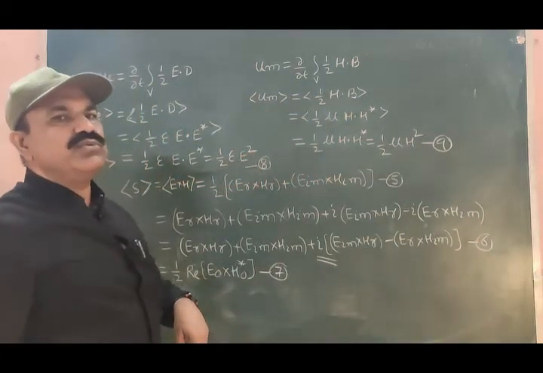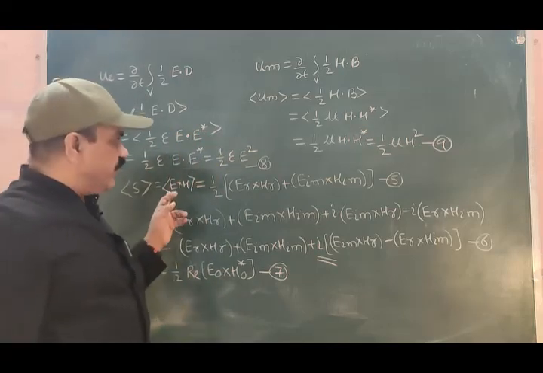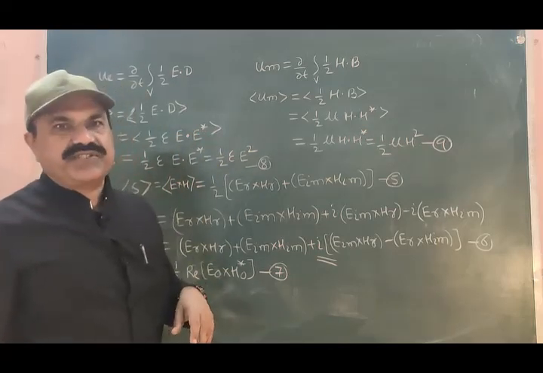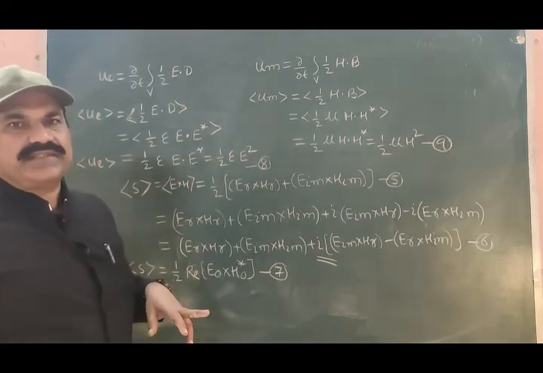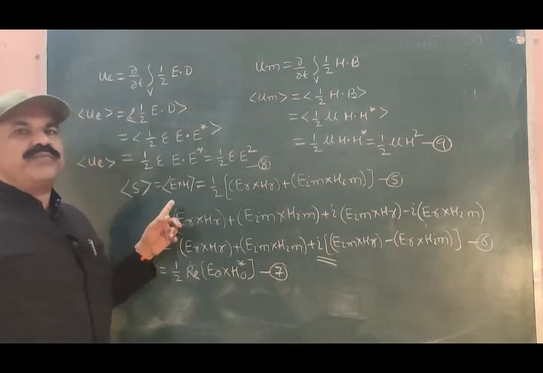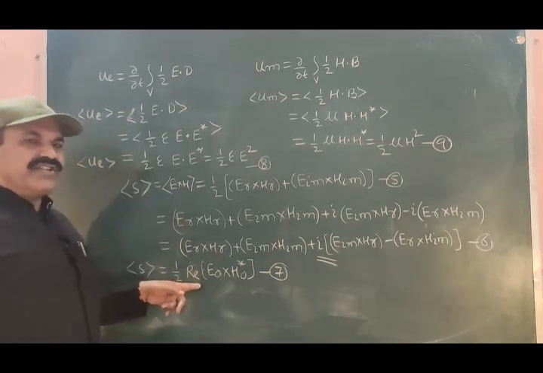Just similar to the analogy with equations 5 and 6, we can write equations 8 and 9. Equation 5 is for the time average of the Poynting vector. Equation 7 is for the same.